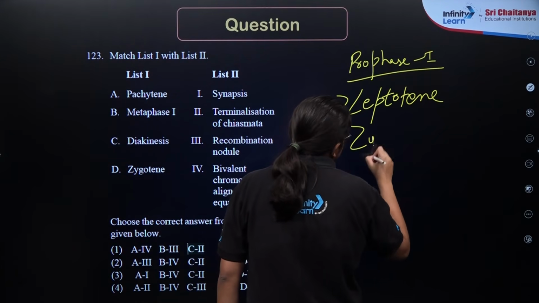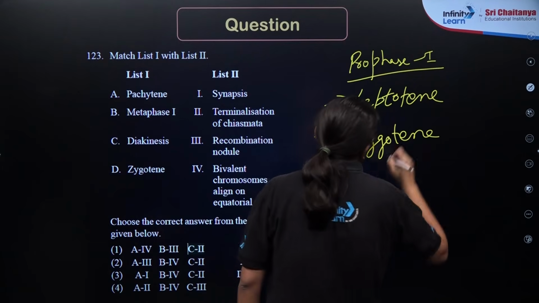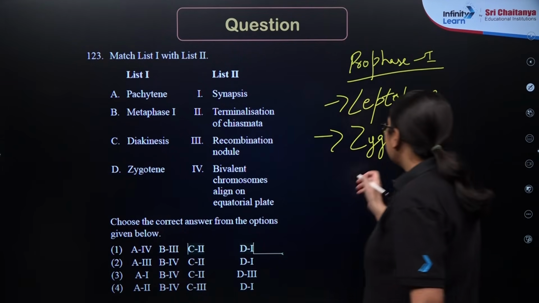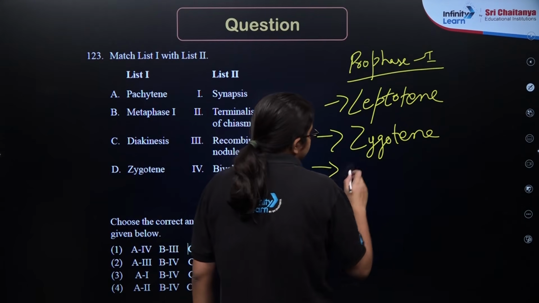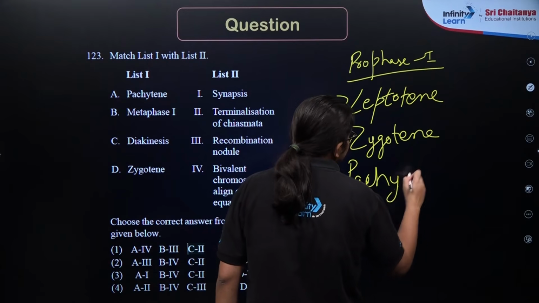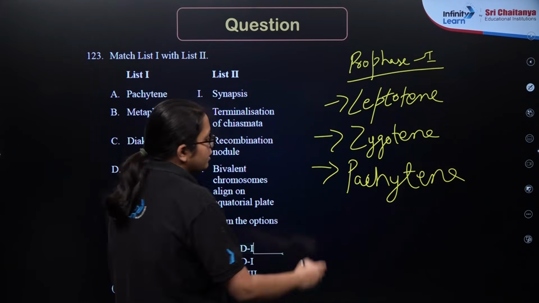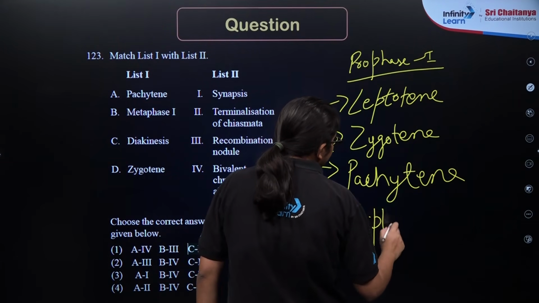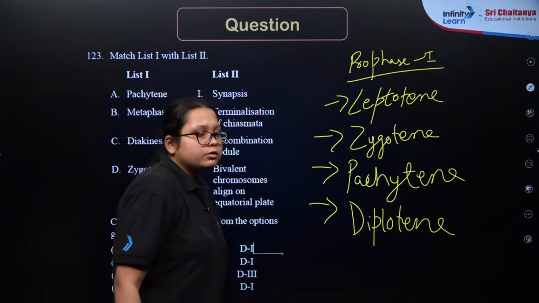Zygotene stage, synapsis formation, so the homologous chromosomes start to come together to form synapses, the synaptonemal complex, okay. Next is pachytene. In pachytene stage, the actual recombination is happening, the recombination nodule is formed, okay. Next is diplotene. In diplotene, the synaptonemal complex which is formed starts to dissolve, okay.